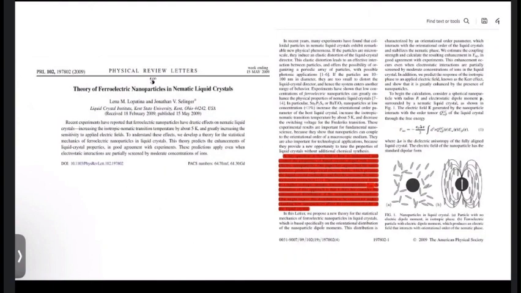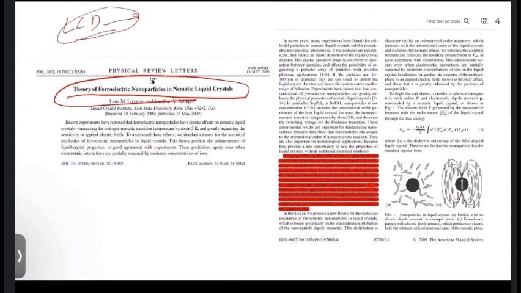Another article which was mentioned in the slide was on the theory of ferroelectric nanoparticles in nematic liquid crystal. If you read this paper carefully, you will understand what experiments were conducted before they came to a conclusion that liquid crystals can be used in LCD display.